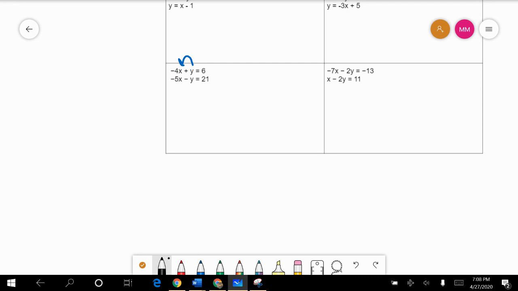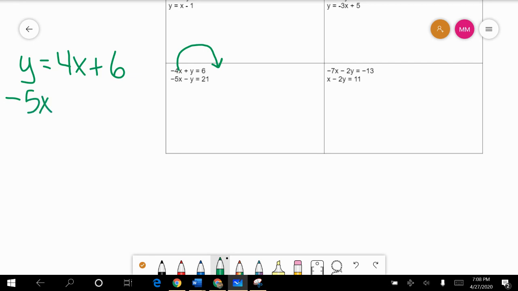So when I rewrite this in y-intercept form, I'm going to move the negative 4x to the right. When I do that, it now becomes a positive 4x. So now my equation is y equals 4x plus 6. And I still have my second equation, negative 5x minus y equals 21.